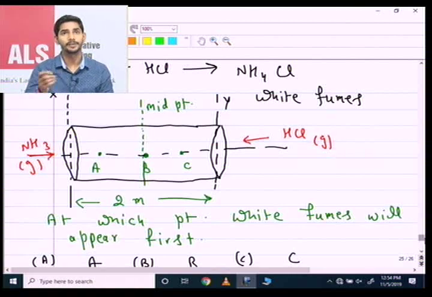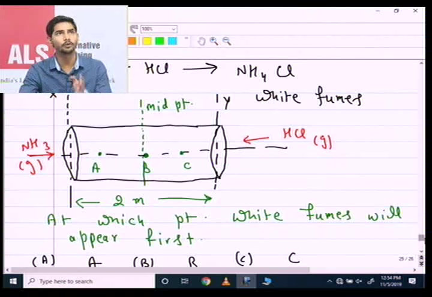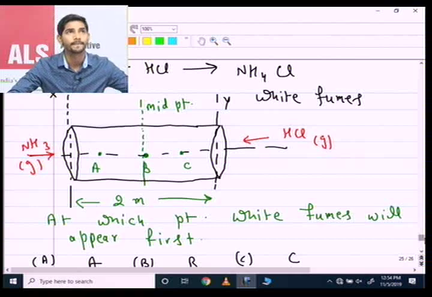And remember, this was a very logical question, based on the first statement of Graham's law. If you remember that statement, you are able to solve this question very easily. There is part 2 as well, but we need not solve that. So we won't go to part 2. We have to just check our concepts.